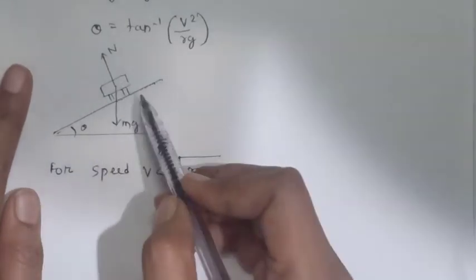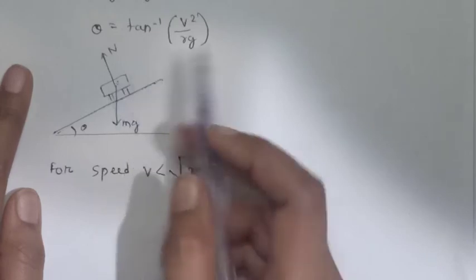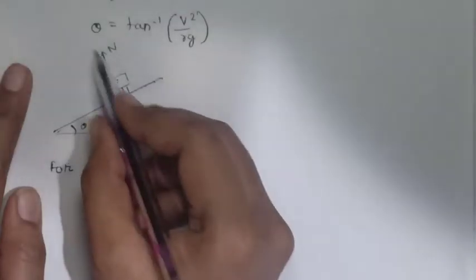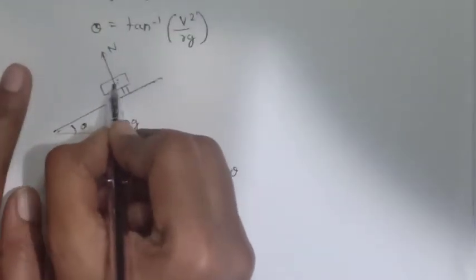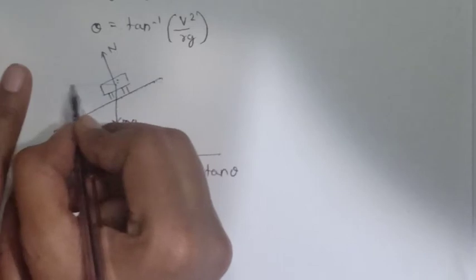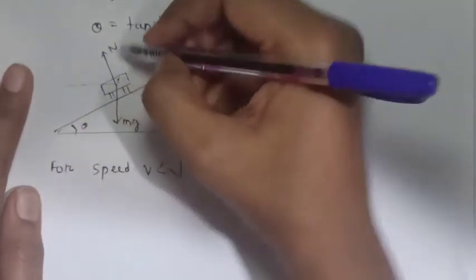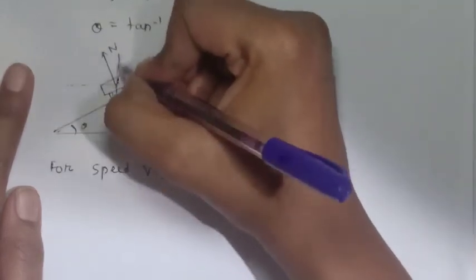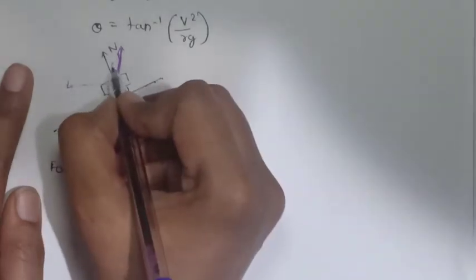As we have discussed earlier, as this one is slanted by theta, it will resolve into two components: the horizontal component and the vertical component. So this would be theta.